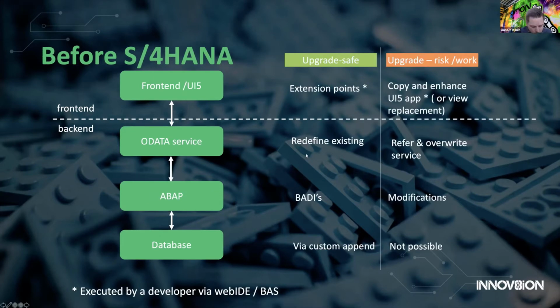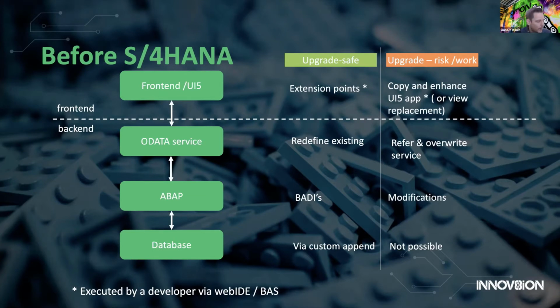There are 2 ways to do so. There's a safe way and there's a more risky way. First of all, there are extension points within your SAP view. These are placeholders SAP provided to put in your custom coding in a safe manner. So in the next upgrade, they won't be touched, they won't be hurt by an SAP upgrade or software.